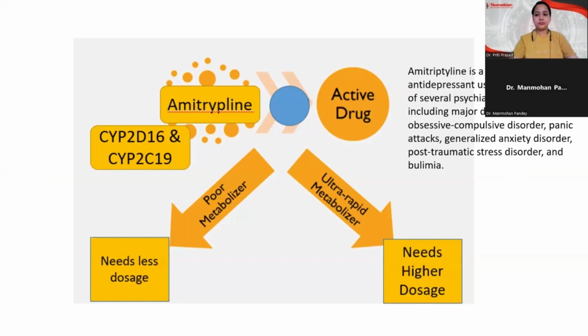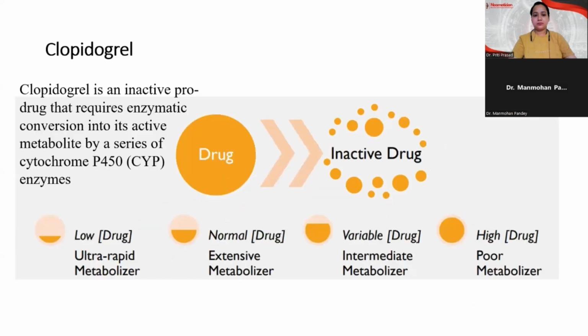Similarly, if the variation enhances the activity of the protein, then the person is an ultra-rapid metabolizer, and we need higher doses. Amitriptyline is a tricyclic antidepressant used in the treatment of several psychiatric disorders, including major depression, and it is one of the highly known drugs for several psychiatric disorders. Next, please.